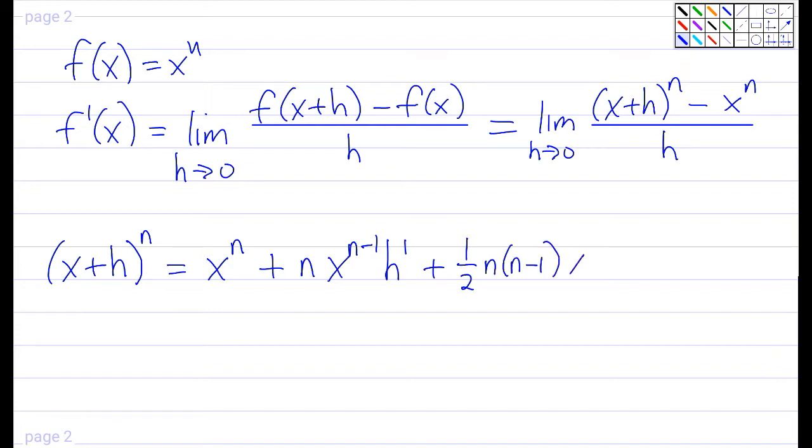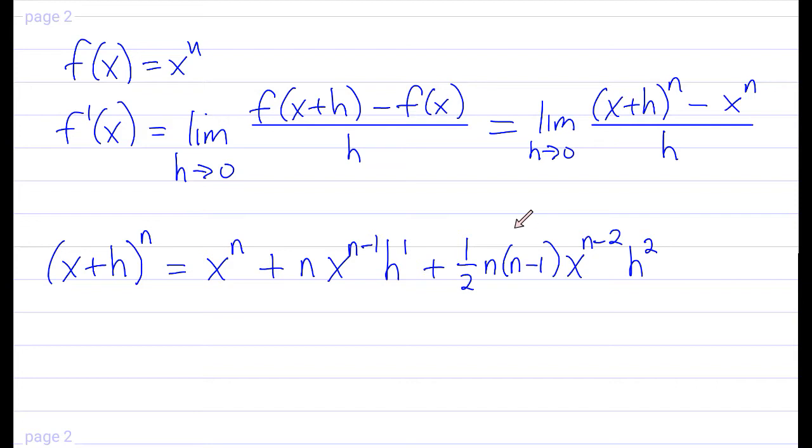We reduce the power of x again, and we increase the power of h again. Notice how these powers always add up to n. n minus 2 plus 2 is n. n minus 1 plus 1 is n. n, think of this as h to the 0. n plus 0 equals n. So that's kind of the pattern.